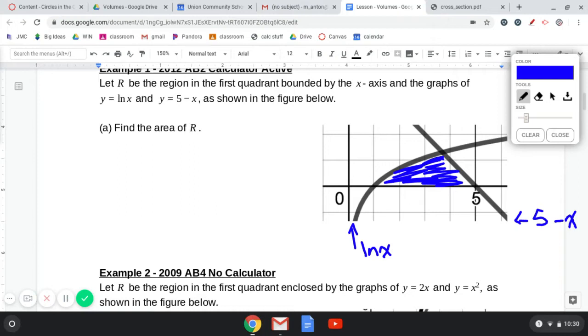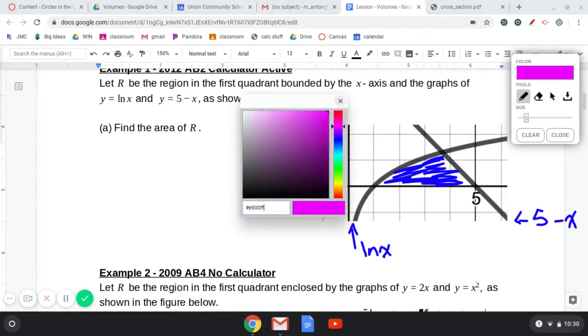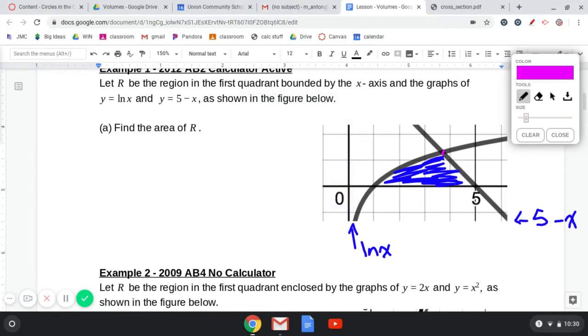And we're going to split this into two different integrals since, if you notice right at this point, this switches. This pink area now is the area under natural log of x from x equals 1 to the point x equals 3.69344.